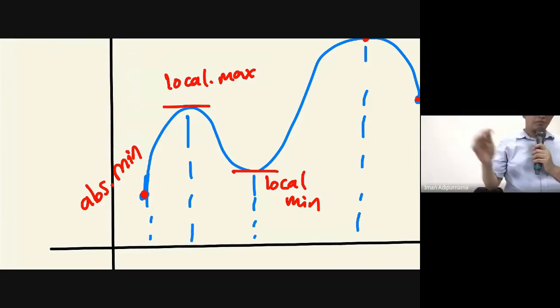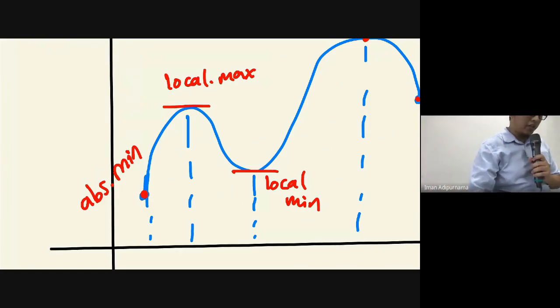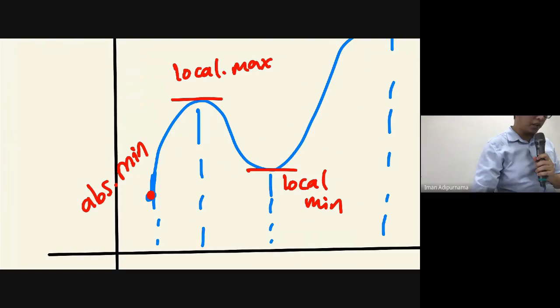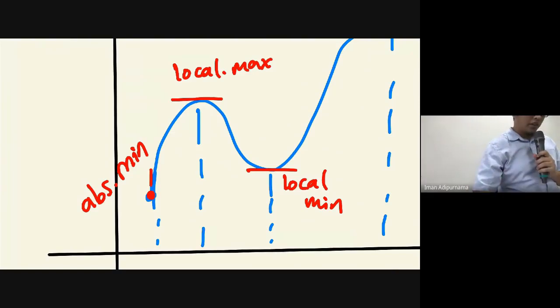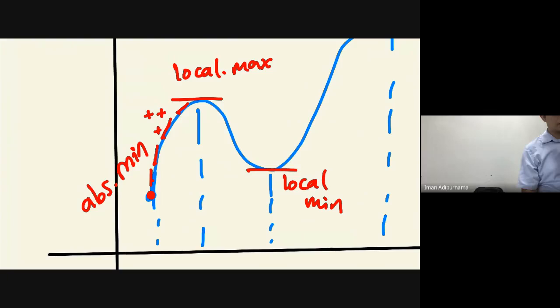But for maximum and minimum, you see the change of the gradient. Okay, from here, from the left to the endpoint, your gradient is changing, right? It's a positive gradient, right? But after it goes through the local max, the gradient becomes negative, right?